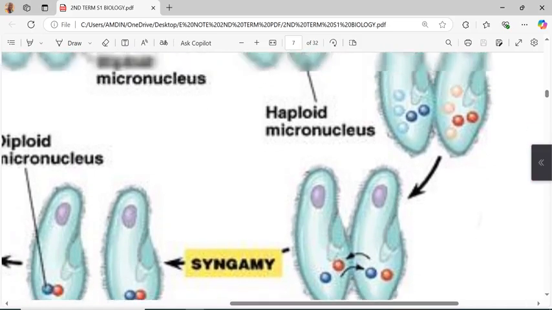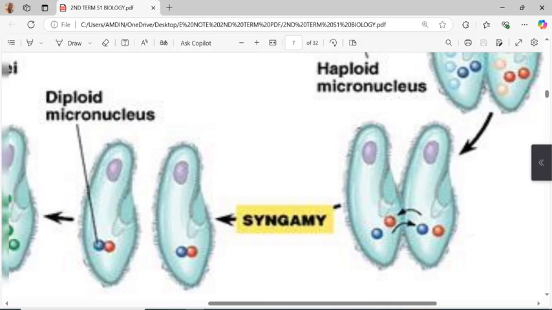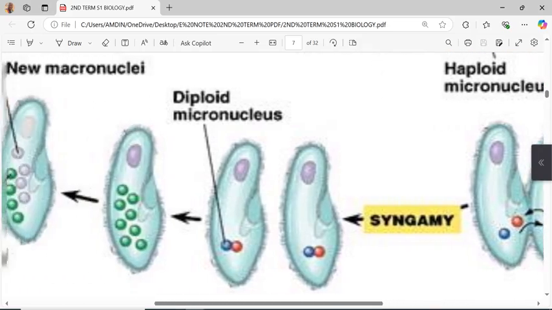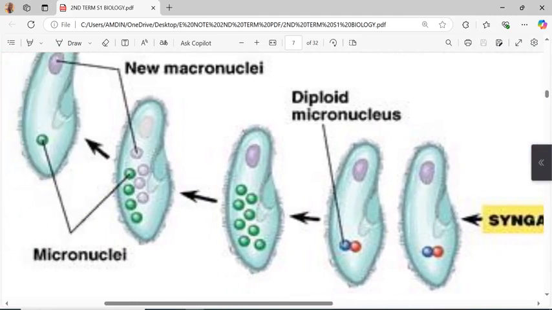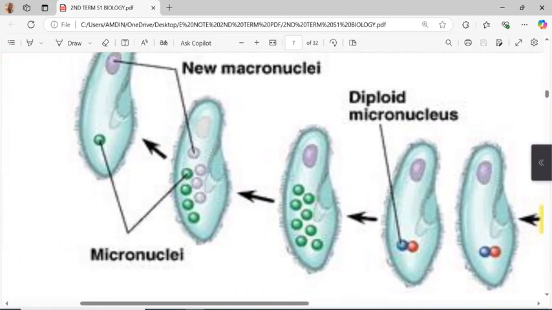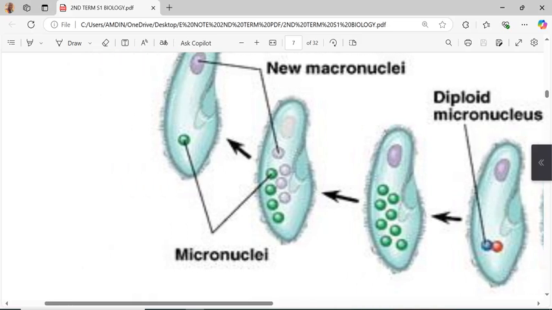They migrate, so they exchange the nuclear material. So the haploid nuclei are now fused together. We have a diploid micronucleus, which now divides repeatedly to form 8 nuclei. These are the new macronuclei.